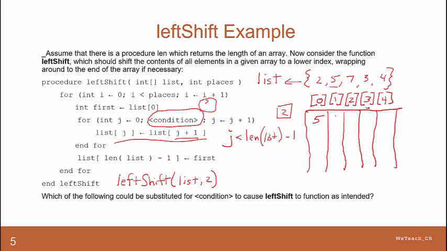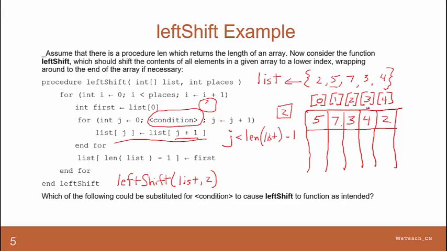Position 0 gets the 5, position 1 gets the 7, position 2 gets the 3, and position 3 gets the 4. Now that all of the values have been shifted, the saved first value is then assigned to the last position, which gets the 2. The contents of the array now have been shifted one position to the left.